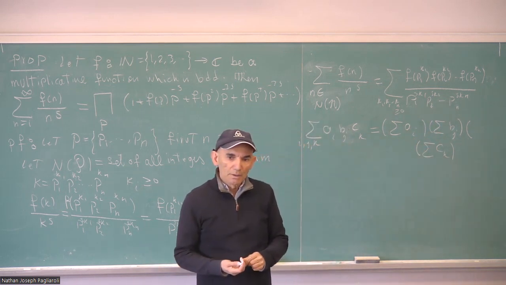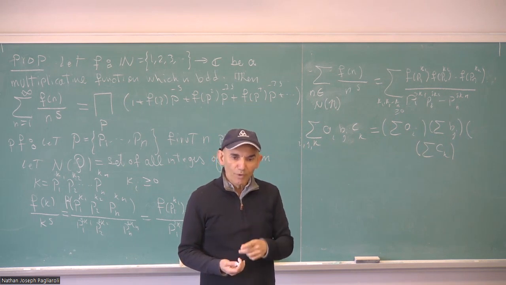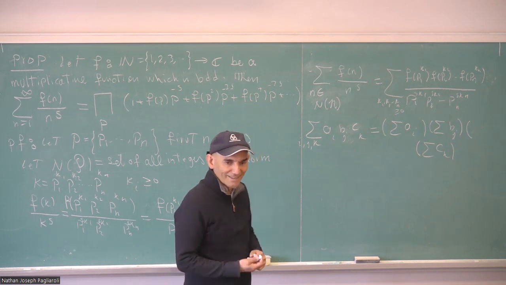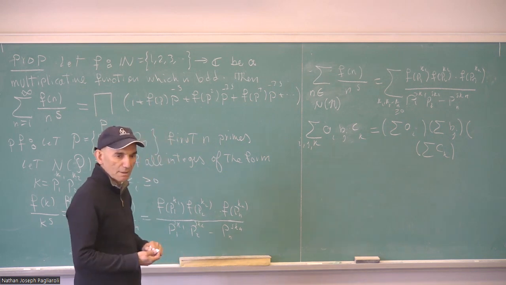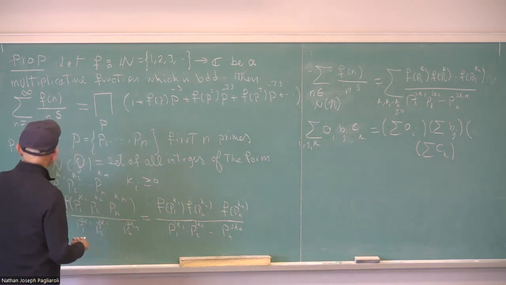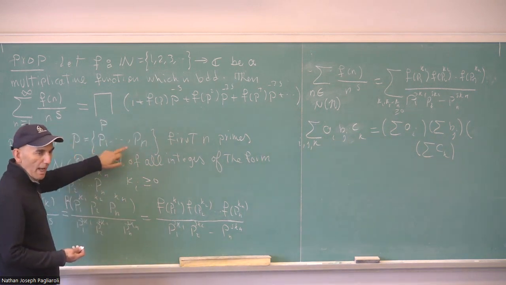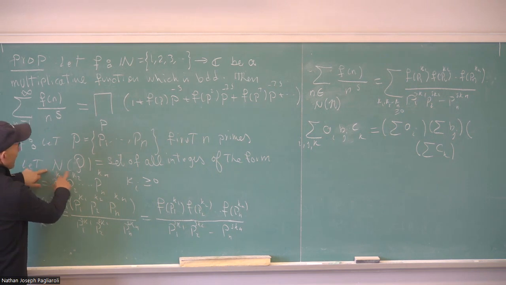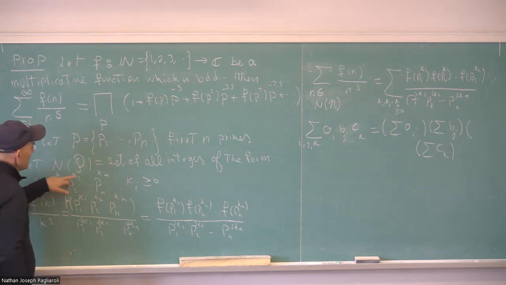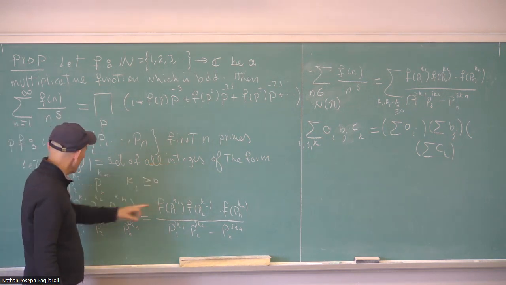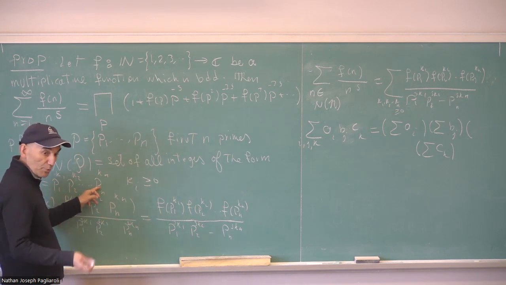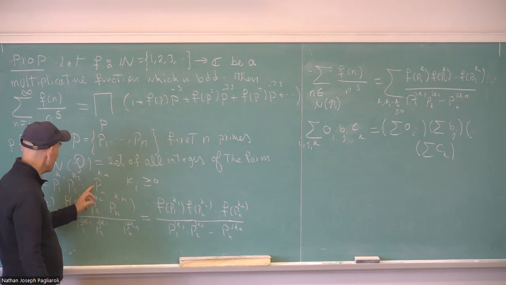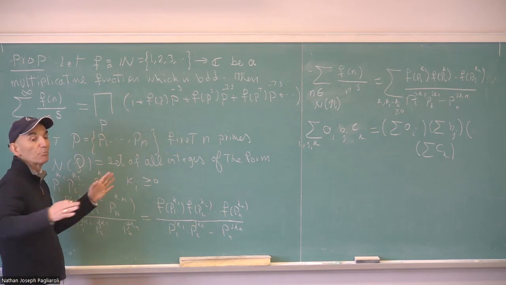Okay, so P is this set only. And capital N of P is the set of all integers of the form where, in the prime decomposition, only p1, p2, ..., pn are used. The first n primes are used.